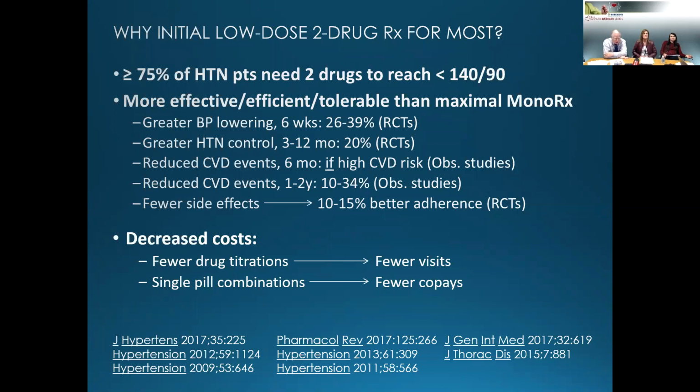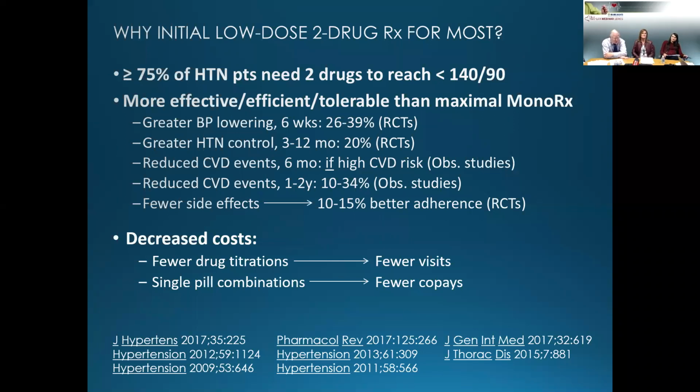You get greater blood pressure lowering at 6 weeks with initial low-dose 2-drug therapy. You get better hypertension control over the first 3 to 12 months of treatment. You reduce cardiovascular events in the first 6 months in patients at high cardiovascular risk, and in most patients after 1 to 2 years.